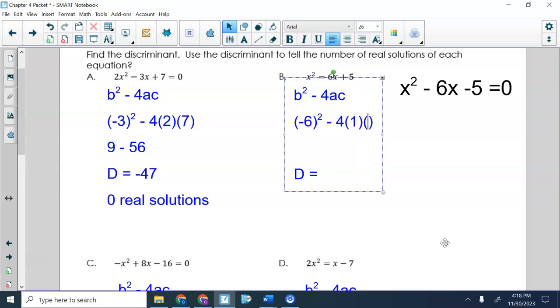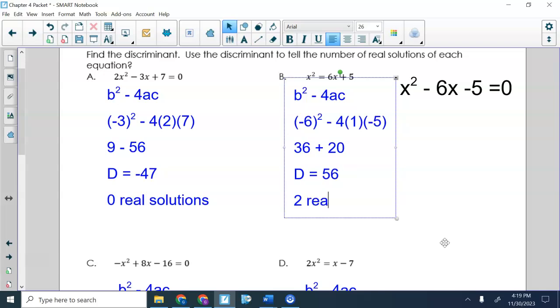A would be 1, C would be negative 5. So it's going to be 36 plus 20, which would be 56. Okay, so since we're getting a number greater than 0, it's going to be 2 real solutions. Okay, and if you can think of the factors, it'd be 5 and 1.